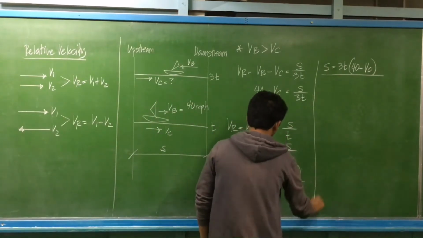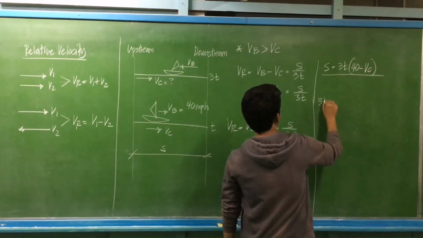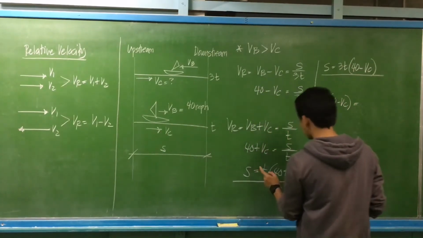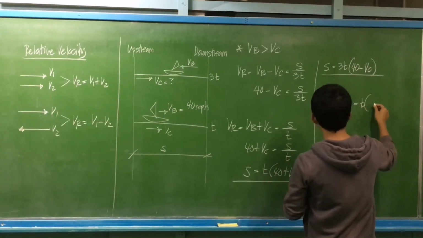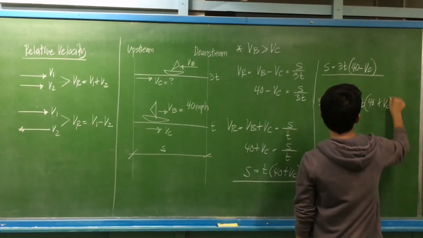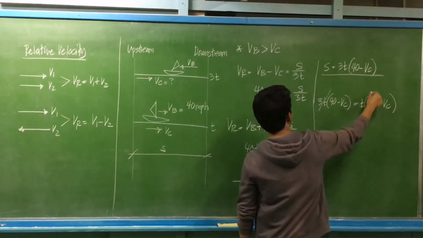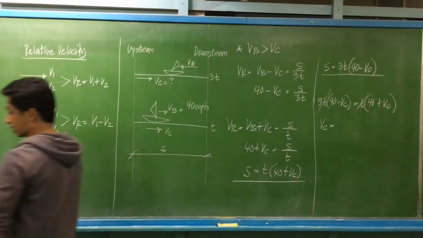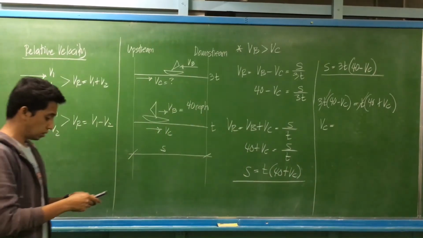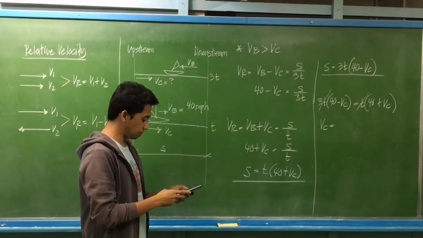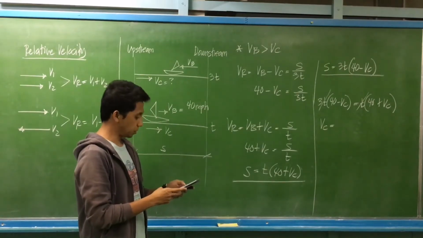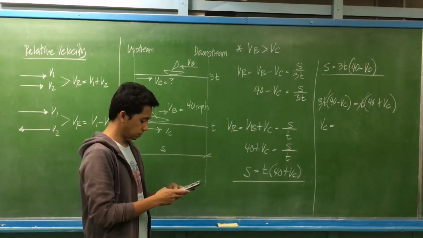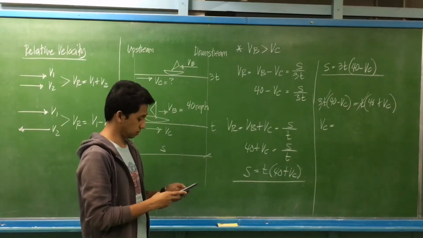So let us equate. 3 times the time multiplied by 40 minus Vc equals the time multiplied by 40 plus Vc. So we may cancel the time. Let us compute for the velocity of the current. This is the same as 3 times 40 minus the velocity of the current equal to 40 plus the velocity of the current.